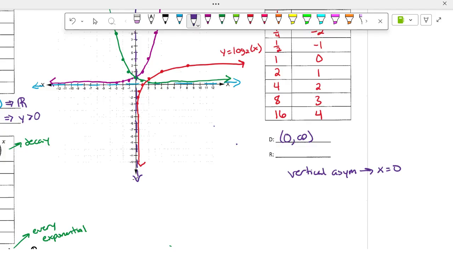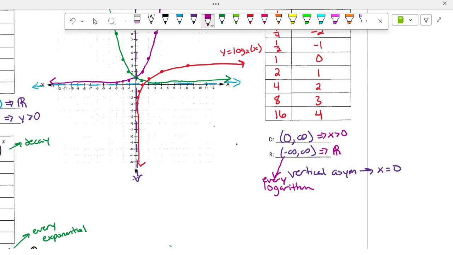What's the range? Negative infinity to positive infinity. So remember, we can rewrite this as x is greater than 0 and all real numbers. So just remember, the range is always the same for every logarithm.